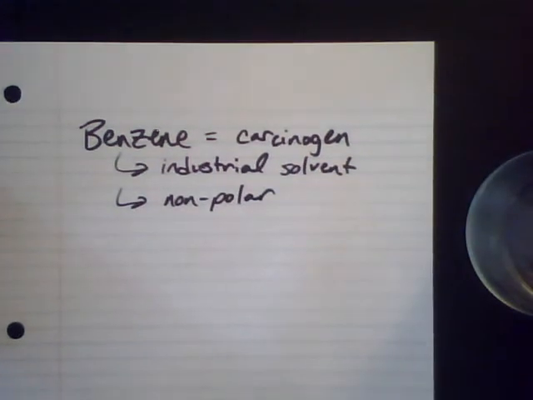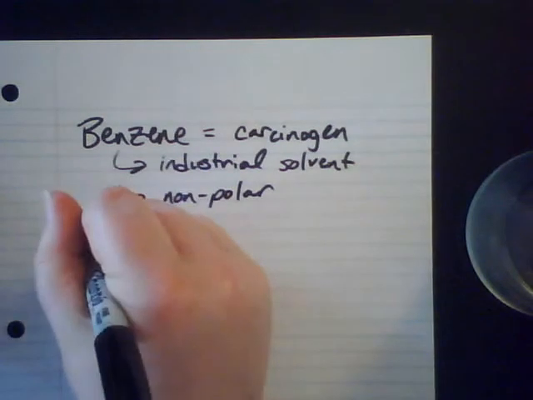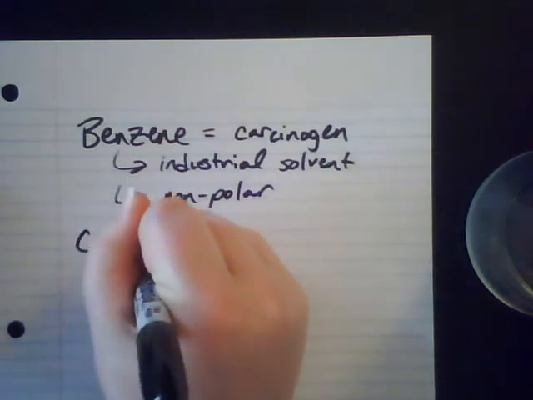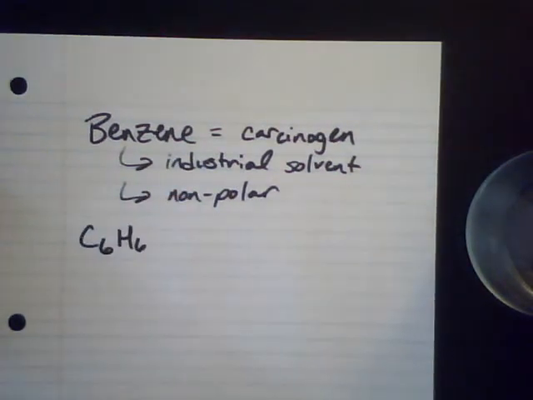Okay, so it's a non-polar molecule. The chemical formula for benzene is C6H6. And benzene was known for a long time, so people knew what the chemical formula was for benzene, but they didn't necessarily know what it looked like.